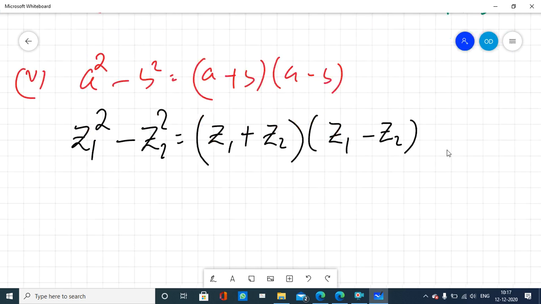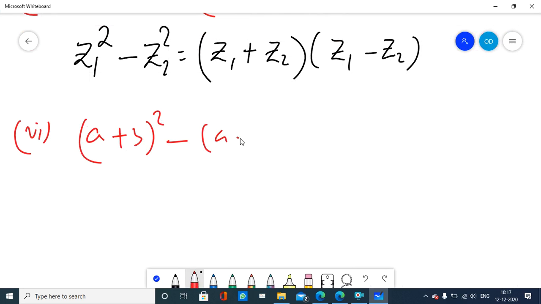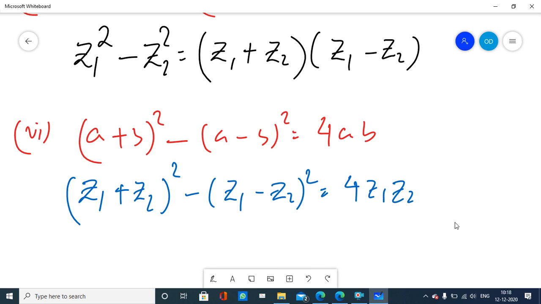Clear? Okay. Similarly, the other formulas also will apply here. The next formula that we have learned in high school, that is (a plus b) whole squared minus (a minus b) whole squared is equal to 4ab. The same formula also applies here, that if Z1 and Z2 are two complex numbers, then (Z1 plus Z2) whole squared minus (Z1 minus Z2) whole squared is equal to 4 Z1 into Z2.